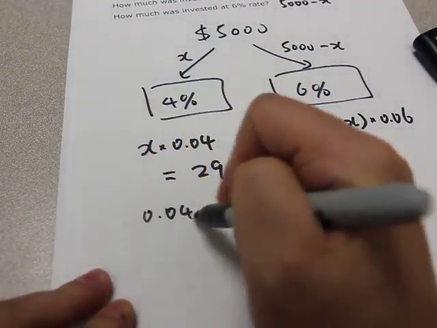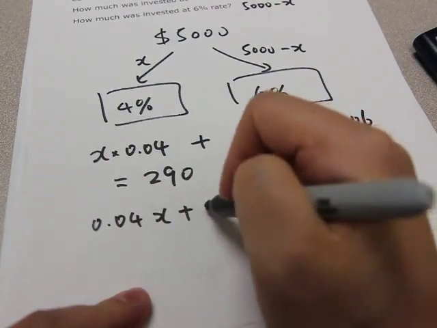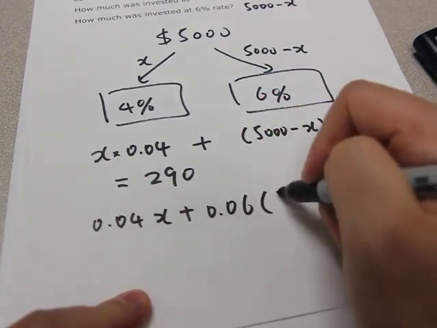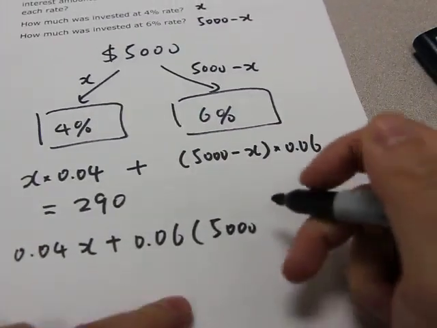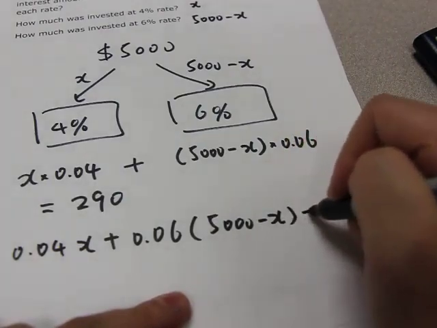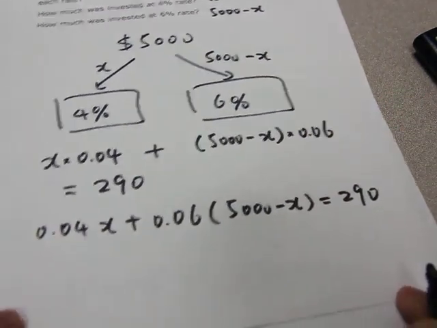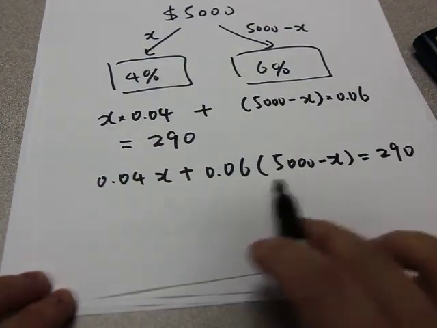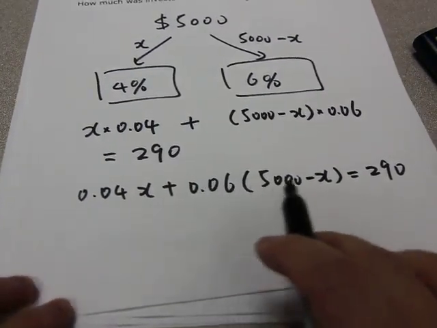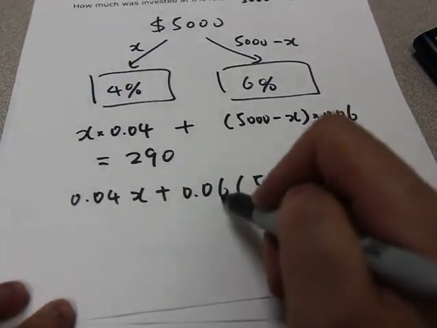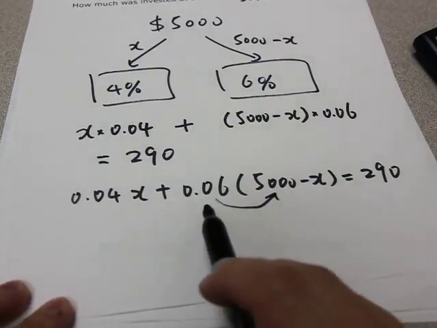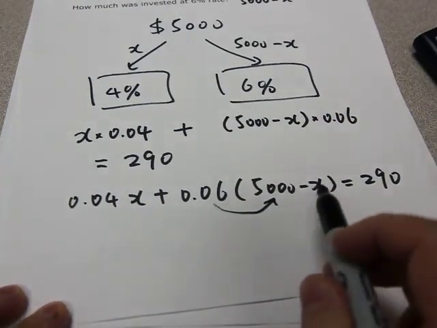So 0.04x plus 0.06 times (5,000 minus x) equals 290. Now this is a linear equation, right? So before we solve this linear equation, we're going to distribute 0.06 into 5,000 minus x.